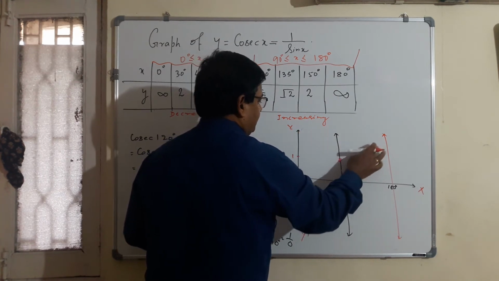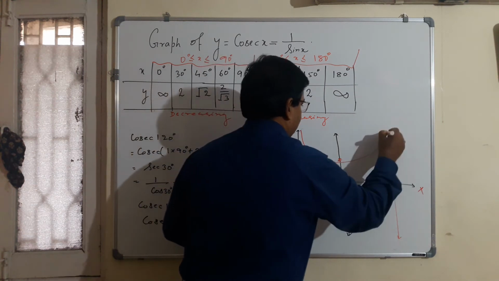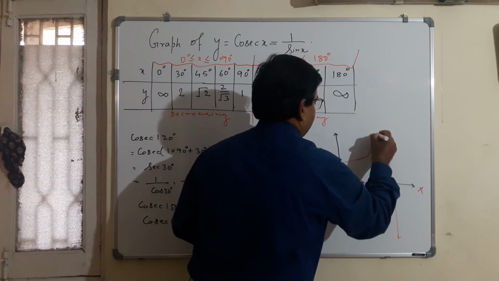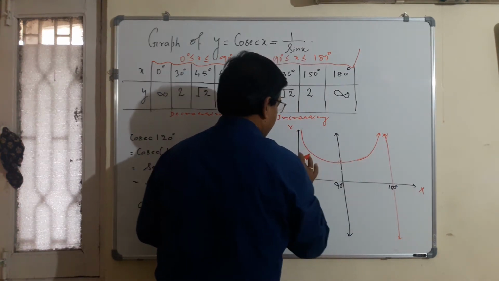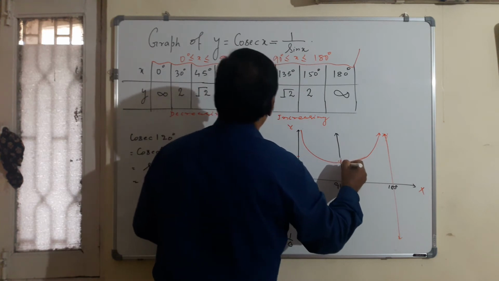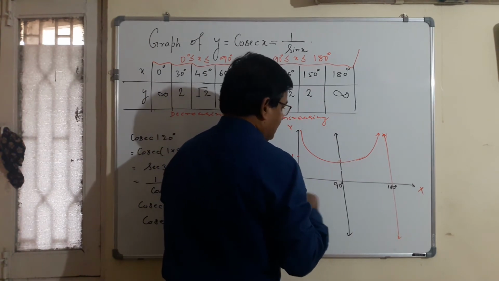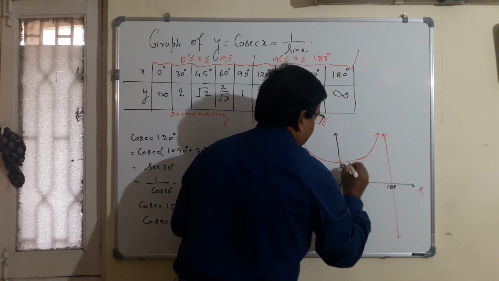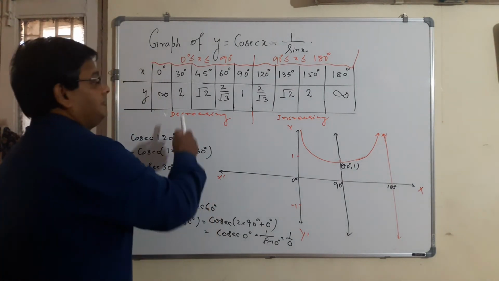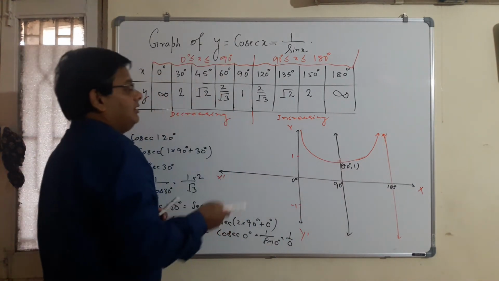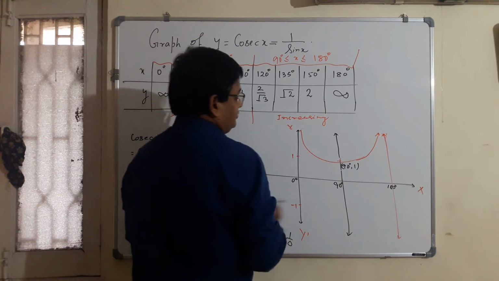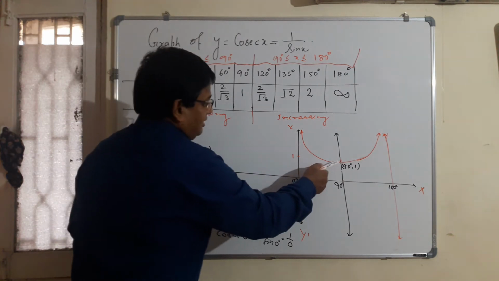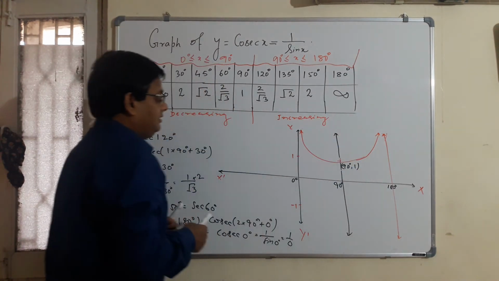You draw it on graph paper. When it is 90 degree, the value is 1. Now this is the first and second quadrant. You can see that in the first quadrant the value is decreasing, and in the second quadrant it is increasing.